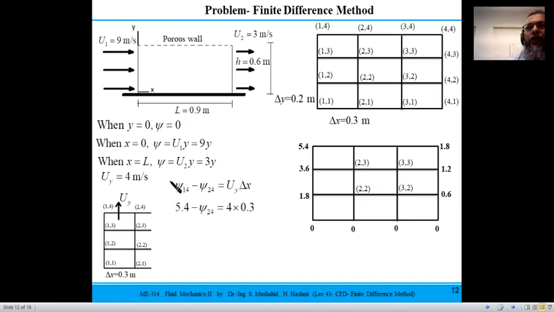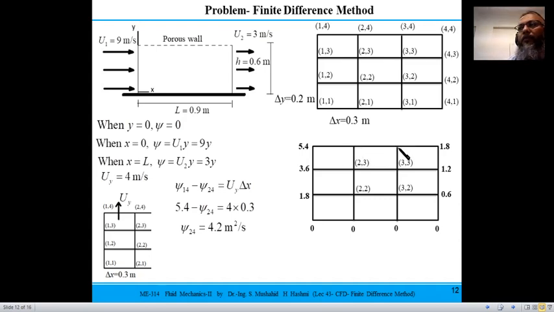So the stream function at 1 comma 4 we have already worked out as 5.4, and the stream function at 2 comma 4 is unknown, and the velocity in the y direction is 4, and delta x is 0.3 meters. So the stream function at 2 comma 4 I have worked out comes out to be 4.2.